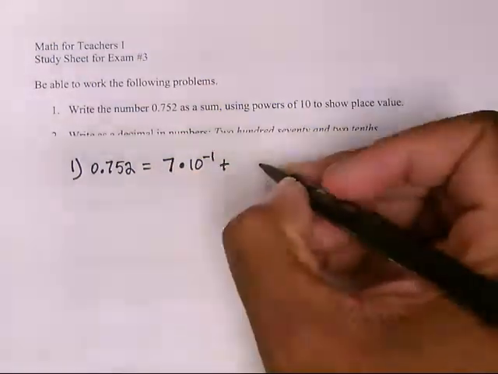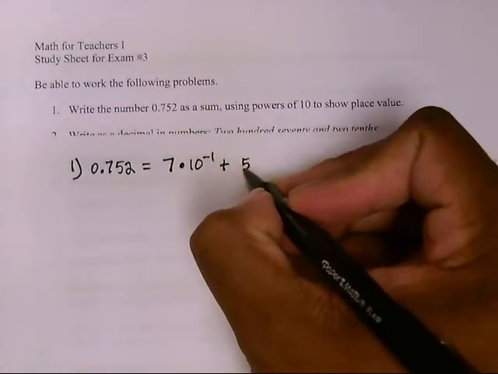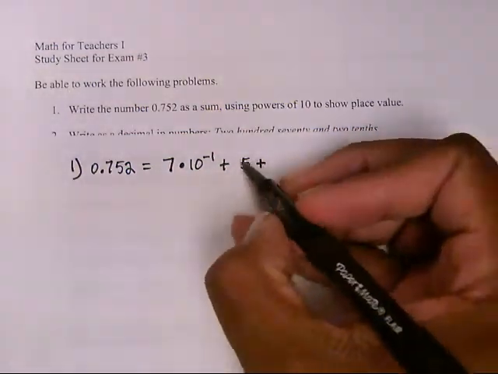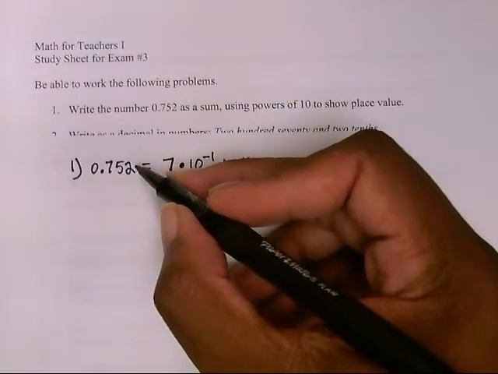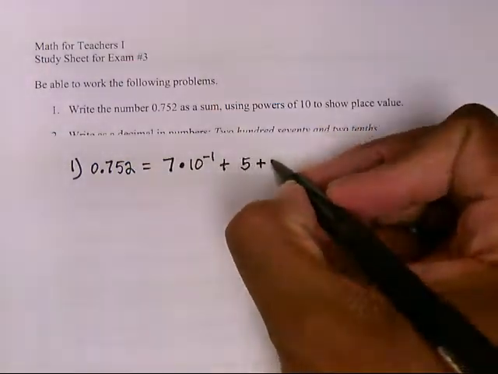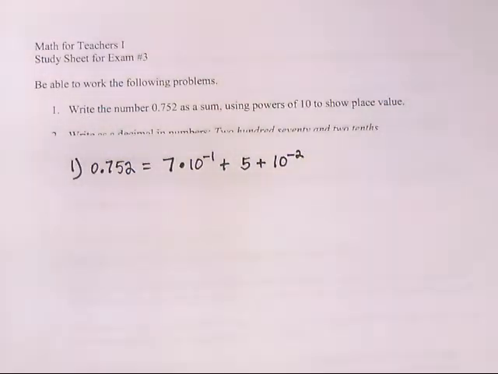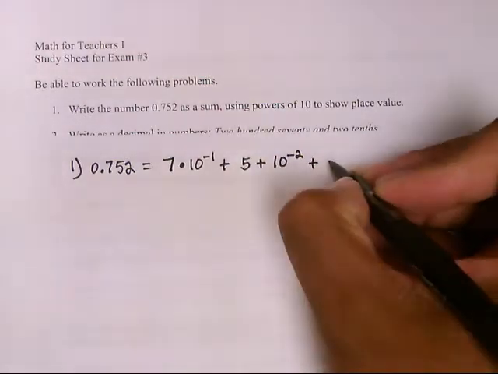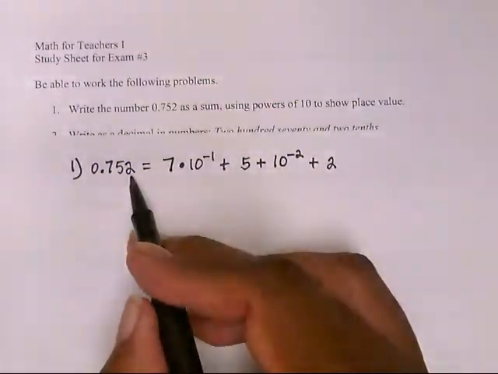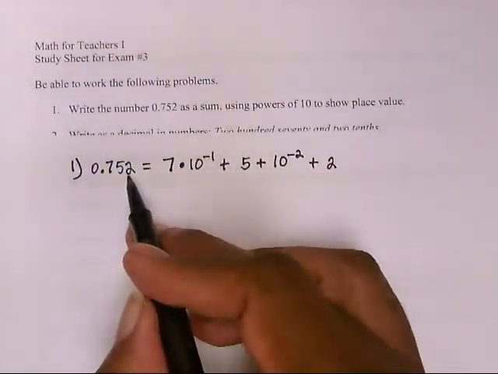And then the 5 is in the hundredths place. So here, hundredths is like 10 to the second, but since it's two numbers behind the decimal point, it's going to be 10 to the negative 2. And then plus 2, that number is in the thousands place.